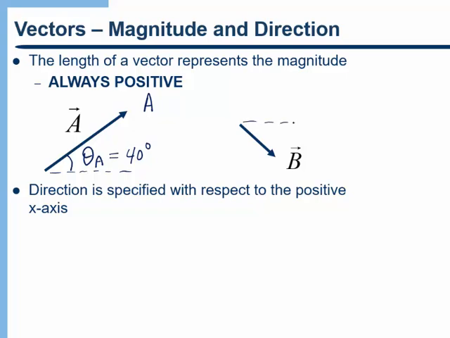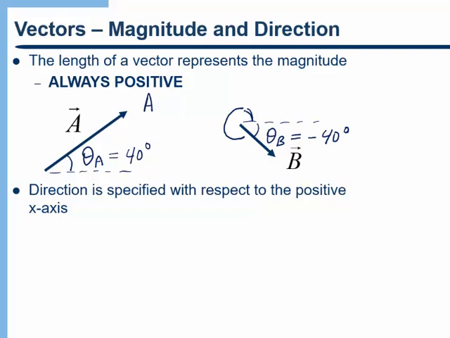If we look here at vector B, I can see that theta B looks to be about negative 40 degrees. Now usually in physics, when we're in the fourth quadrant, we use the negative angle as opposed to going all the way around and saying that the angle is 320 degrees.